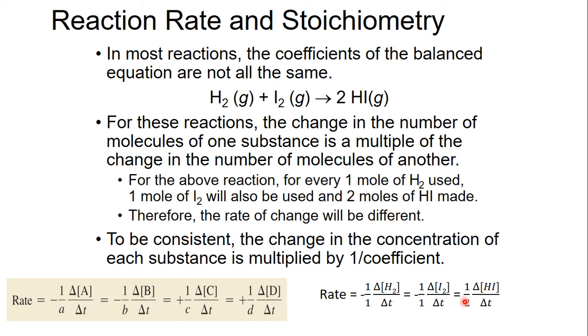That's equal to 1 over 2 now because our coefficient is 2, change in the amount of HI divided by change in T. This number is positive because we're making it. And so with this rate, no matter how we measure the reaction, we should get the same rate every single time.